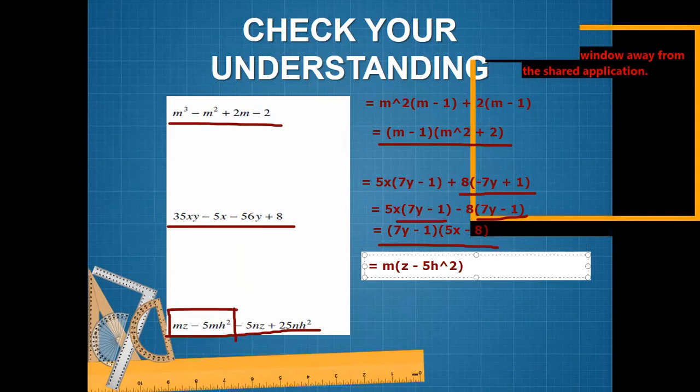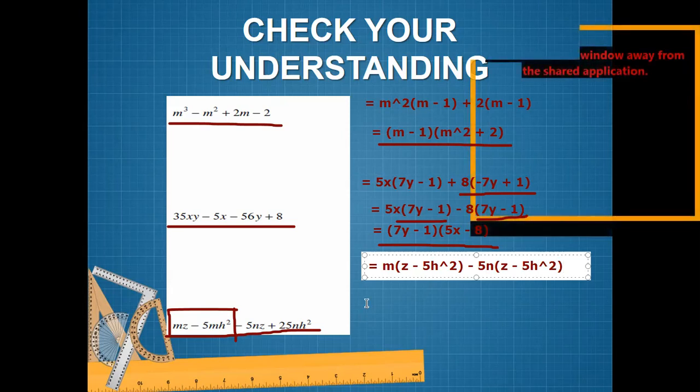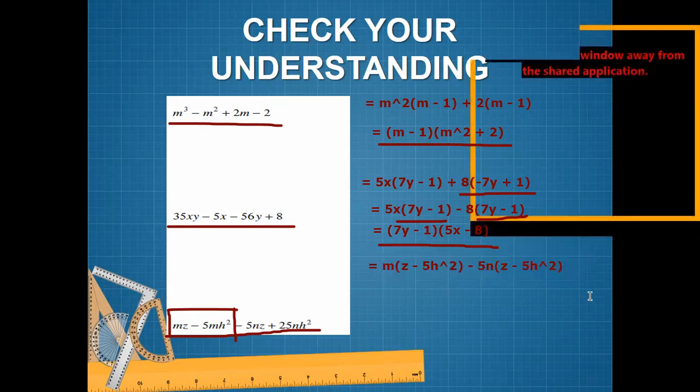Okay, so this will be minus the greatest common factor between 5nz and 25nh squared, that's 5n multiplied by z minus 5h. So the greatest common factor is z minus 5h.